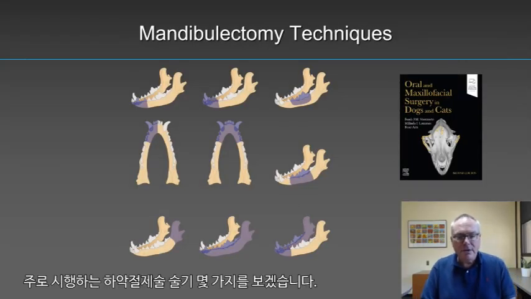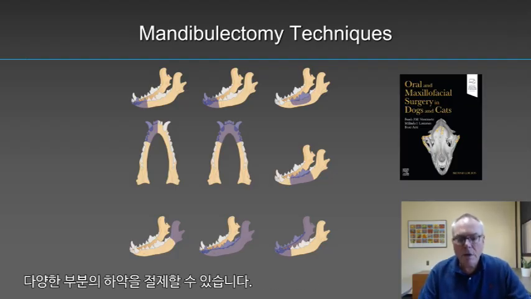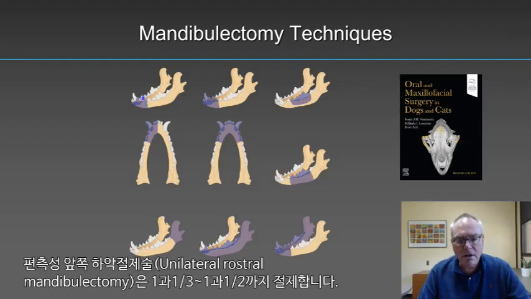Now let's look at some of the more common mandibulectomy techniques that can be performed. Various parts of the mandible can be removed, starting from the incisive part of the mandible or unilateral rostral mandibulectomy.